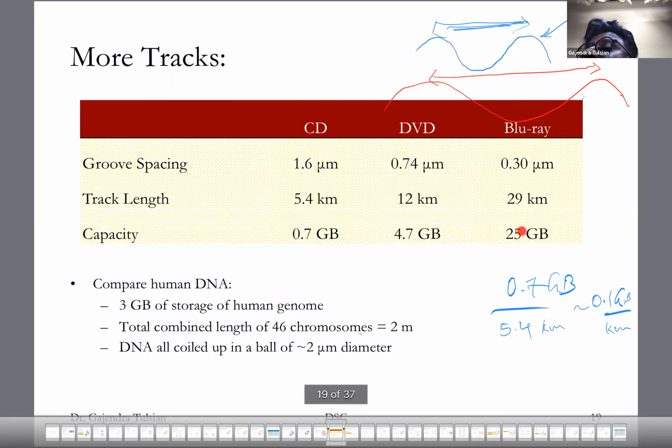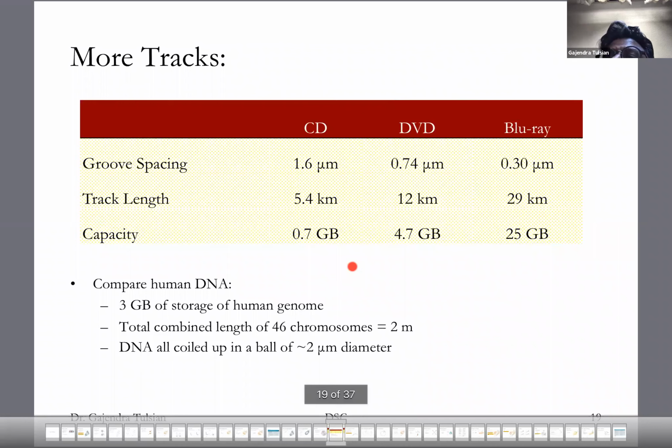And for a Blu-ray, this is 25 divided by 29, about 1 gigabyte per kilometer. Let me write this down: 0.1 gigabyte per kilometer and 1 gigabyte per kilometer. So when you went from a CD to a Blu-ray, you could pack 10 times more of the information. The information density was 10 times greater.